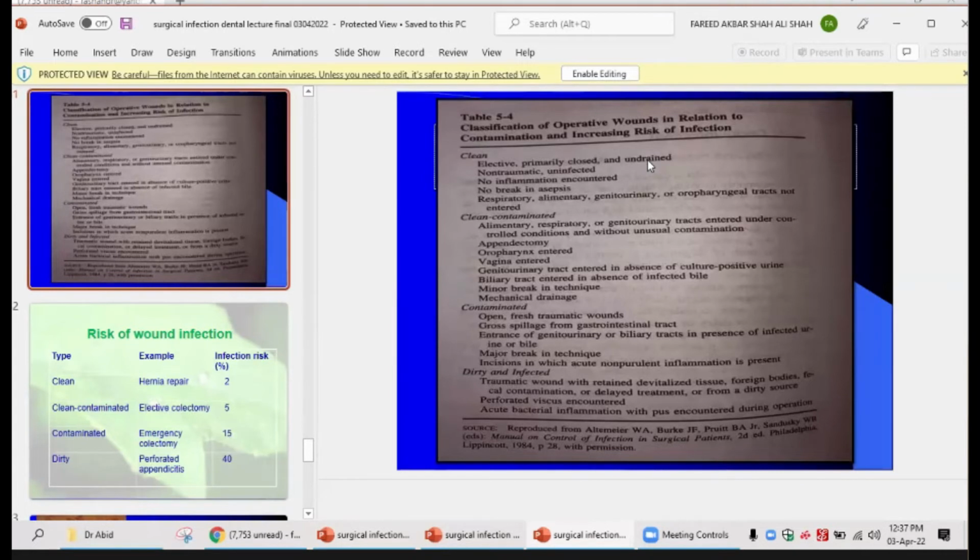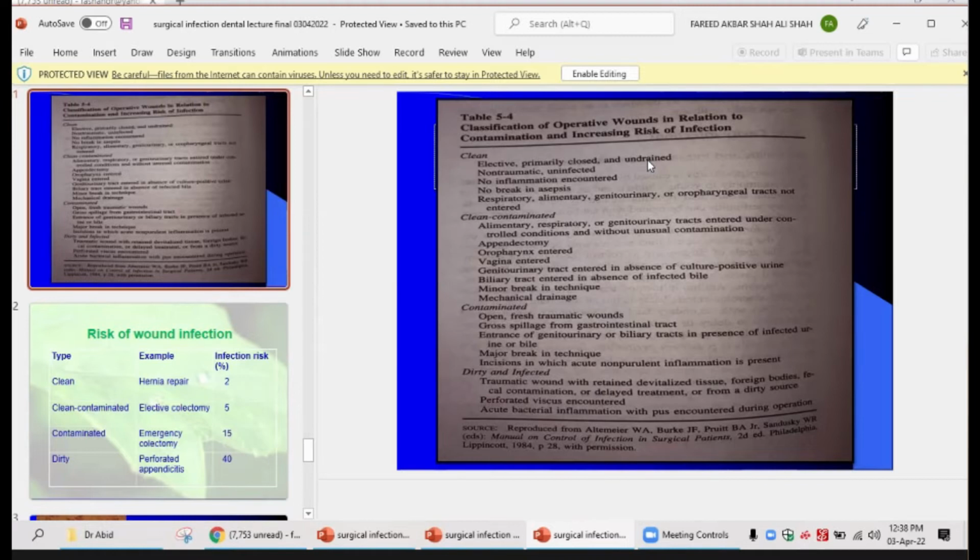What is a clean surgery? Clean surgery is an elective surgery, a scheduled surgery, and there is no infection pre-operatively present.